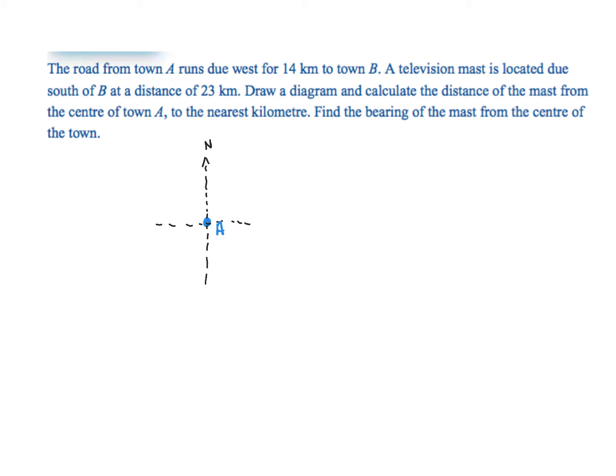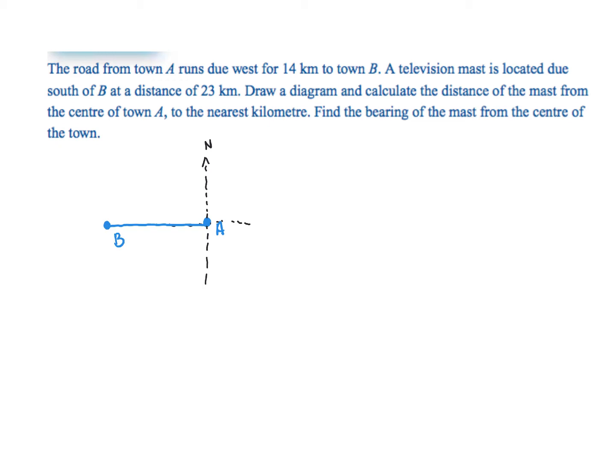So I'm just going to do north, and it says the road from town A runs due west for 14 kilometers to town B. So I go along the due west, which means you're right on the west axis, and you get to point B.